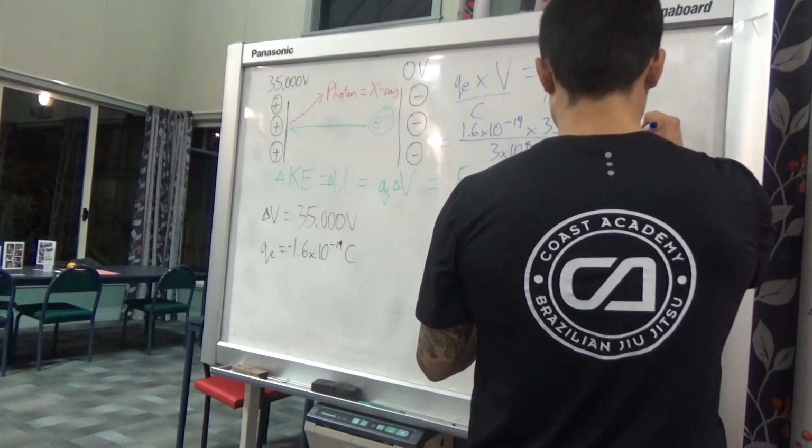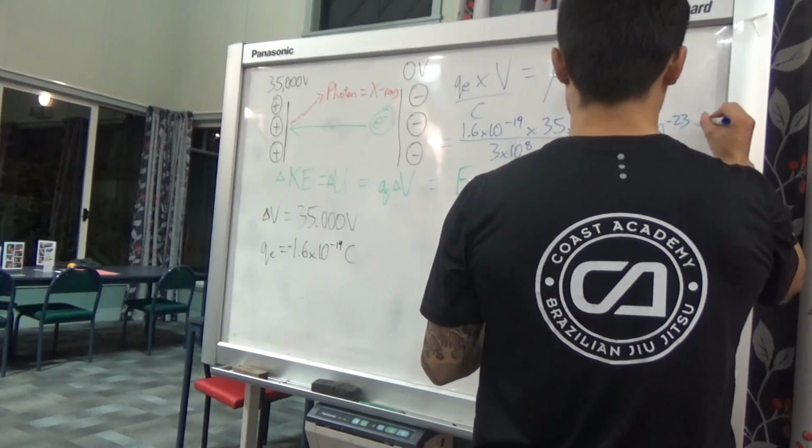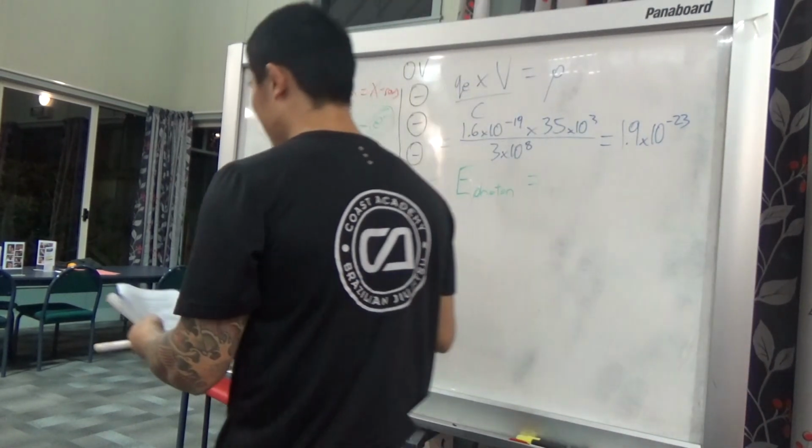And that will be 1.9 times 10 to the negative 23 kilograms meters per second.